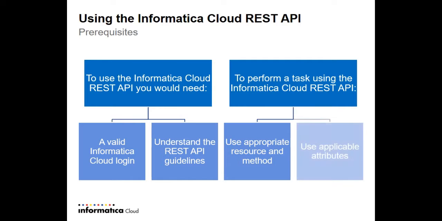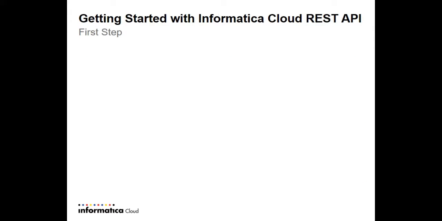You would also need to use all the applicable attributes. Informatica Cloud returns the requested information, performs the requested task, or returns an error object and related messages. We will discuss all these steps in details in the coming slides. Let us now learn some more about how to use the API in detail.